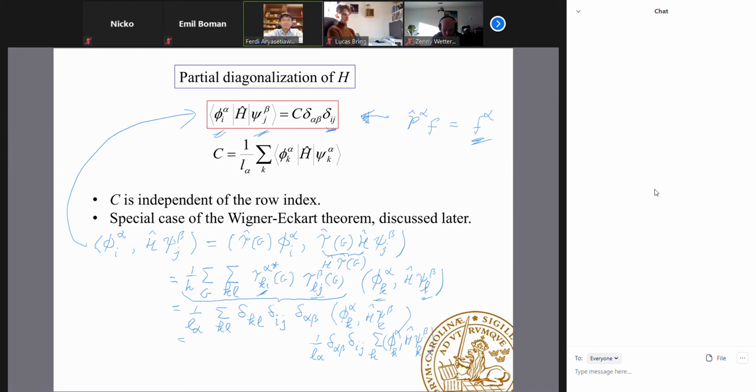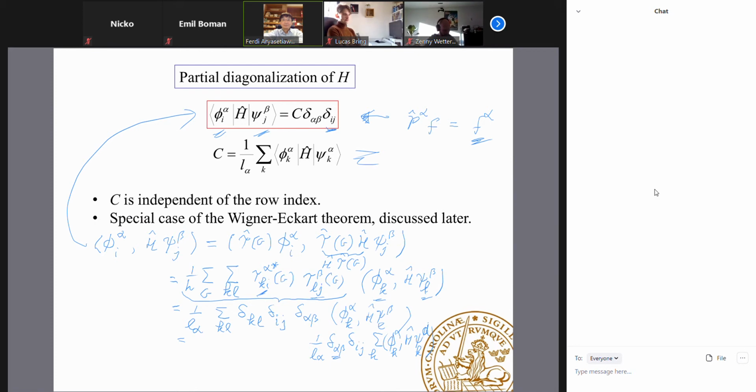Yes, so that is exactly the theorem we want to prove here. I can replace this beta with alpha because there is a delta alpha beta anyway. So this is a very useful result here.